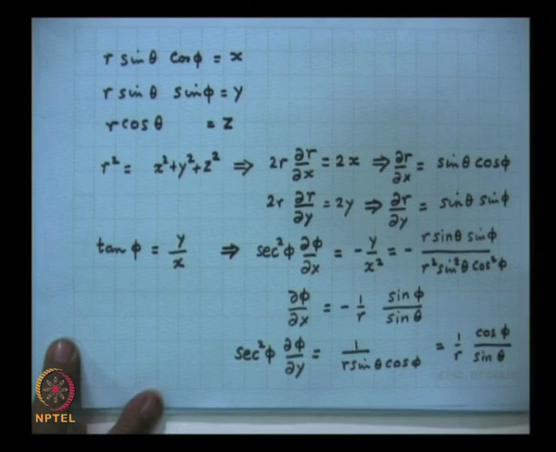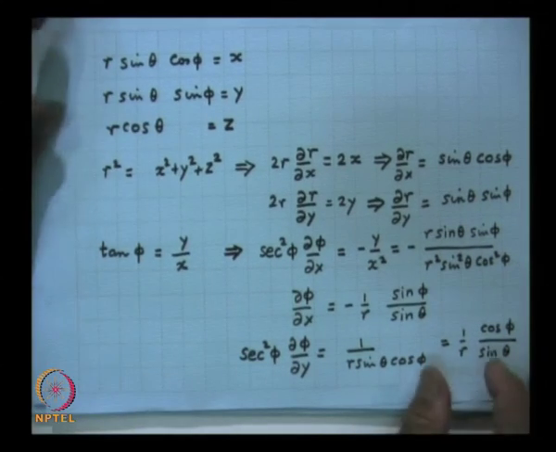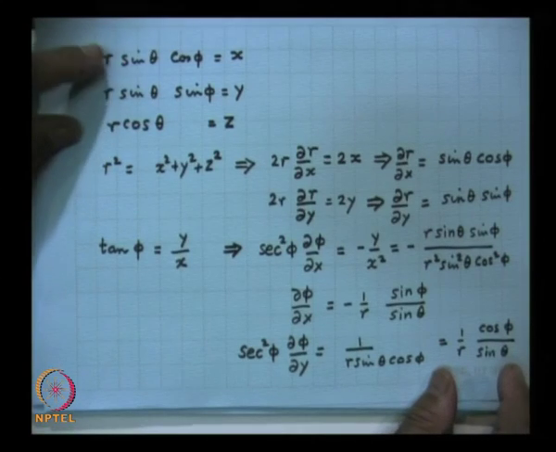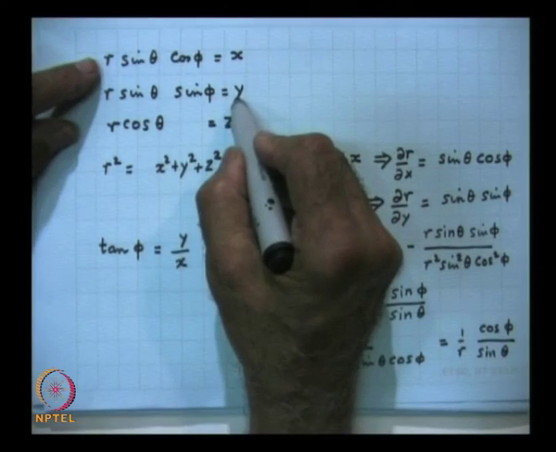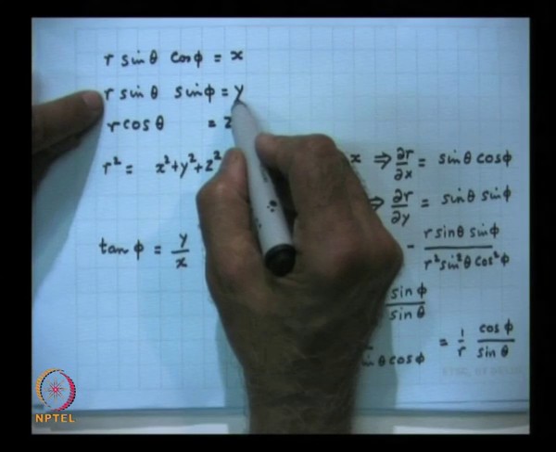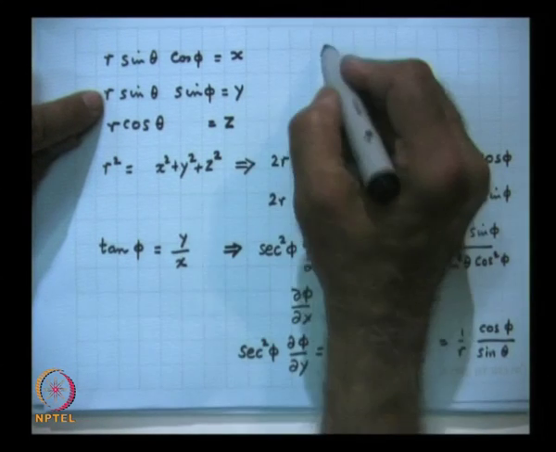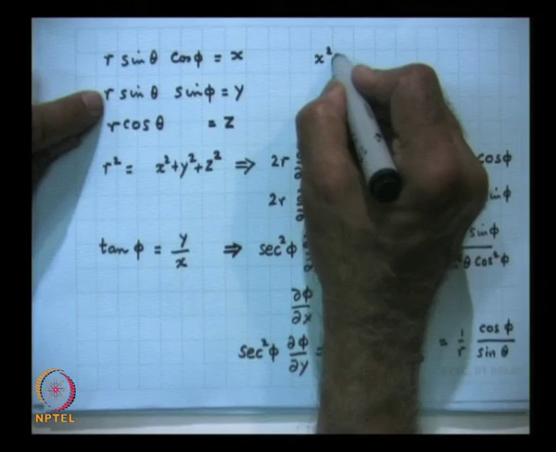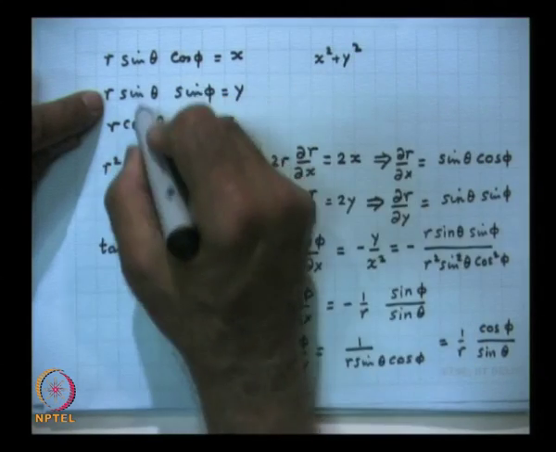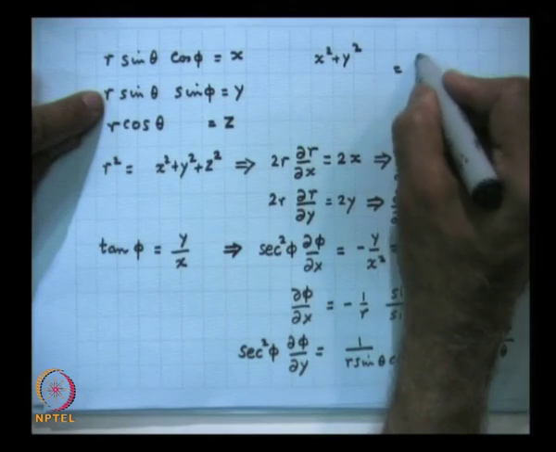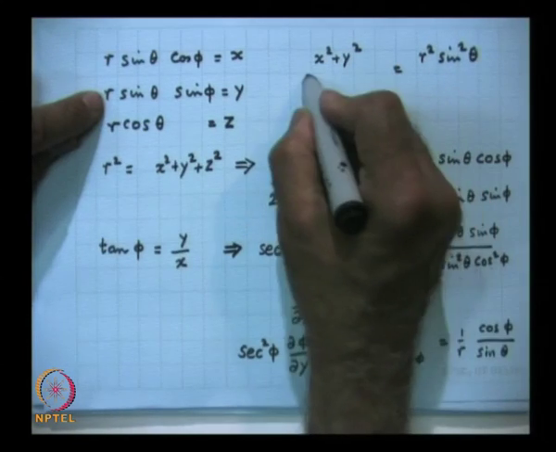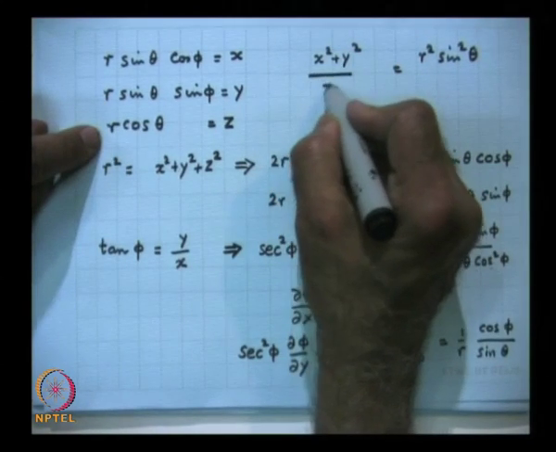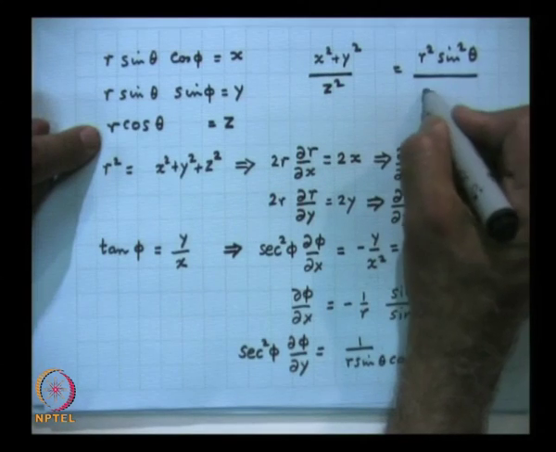This is one expression. And the last expression is that if I square these two, x square plus y square is r square sin square theta, and z square is r square cos square theta.